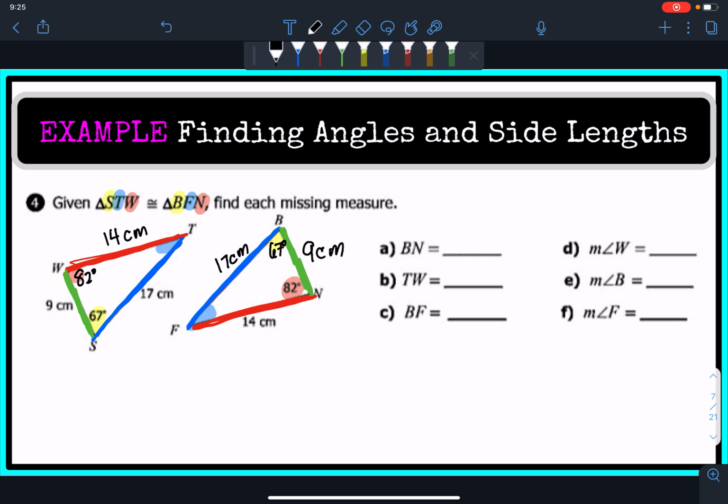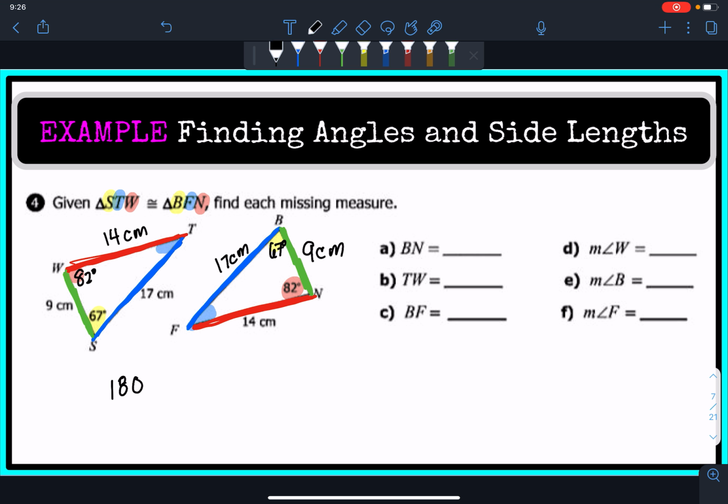And the only thing that's missing is this top angle, which I've highlighted in blue, the F and the T. And the way I'm going to figure that one out is using our angle sum theorem, that the interior angles add up to 180 degrees. I will simply get 180 degrees and subtract the 82 and the 67 to figure out what the measurement of this angle up there is.